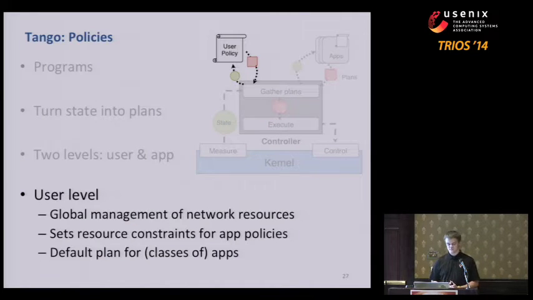This means choosing which network to currently use, assigning usage metrics to those networks, whether they're limited or unlimited, and providing priorities. It also sets resource constraints on the application policies, on which resources they're allowed to use. Finally, it also provides a default plan for any application that doesn't register with our system with an application policy. This can also be used across classes of applications.